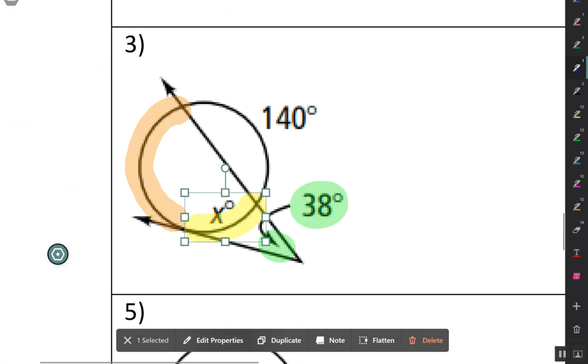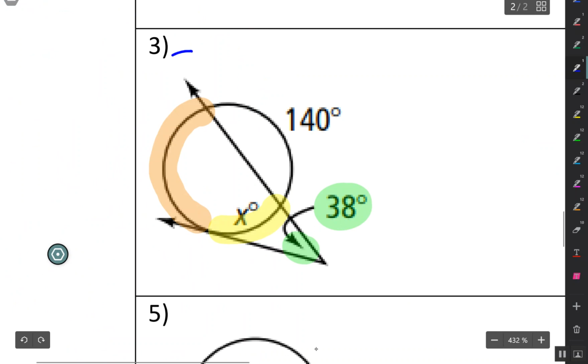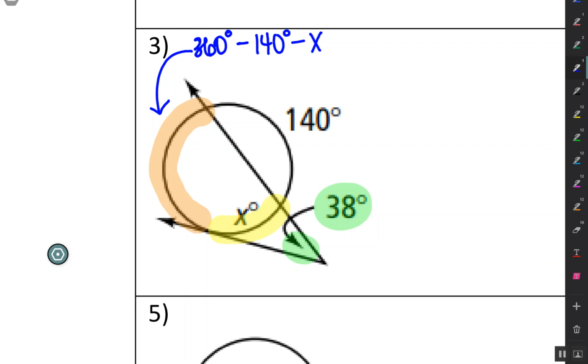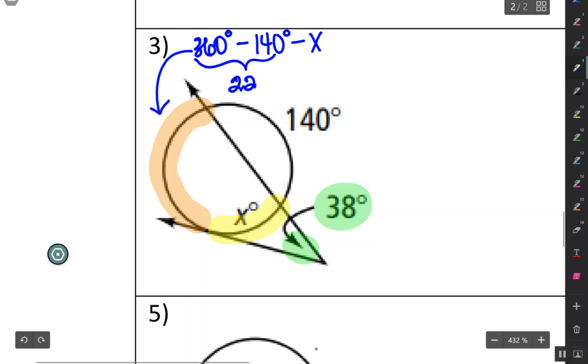So we're going to think of this as 360 degrees minus 140 degrees minus x. If we clean that up a little bit, combine these two together, that would be 220 degrees minus x. So that's what I'm going to use for that.